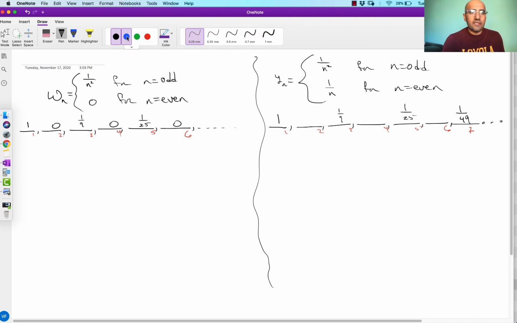When n is even, we follow these instructions. So this one's just going to be 1/2, 1/4, 1/6, and so on and so forth.